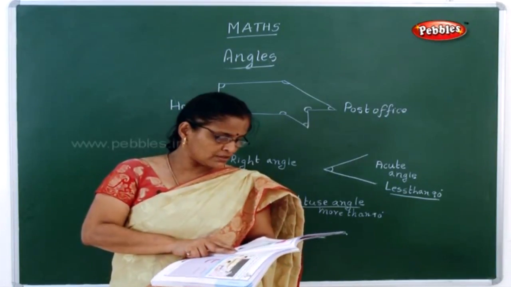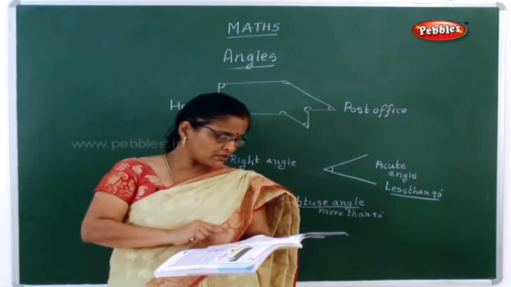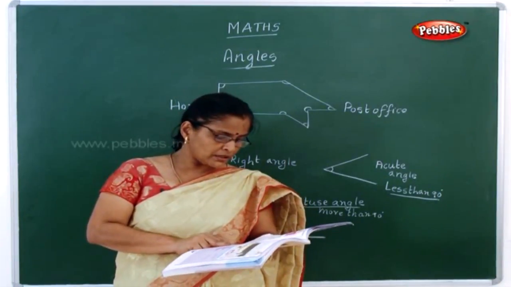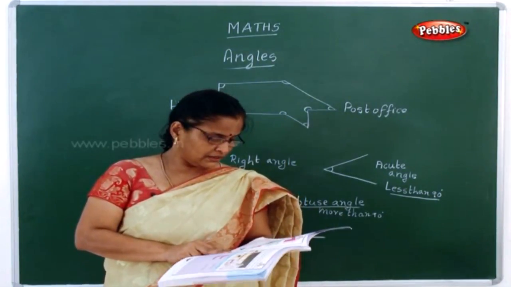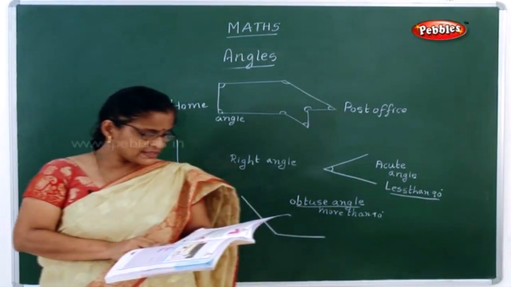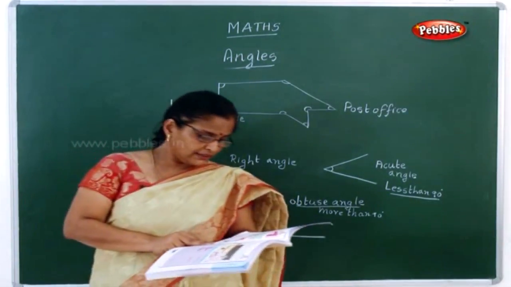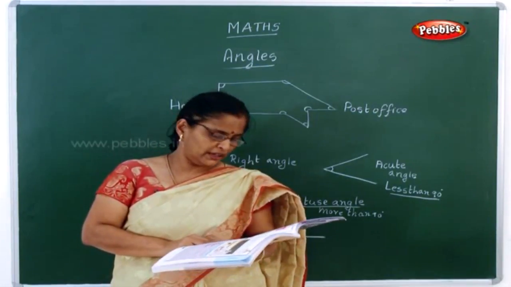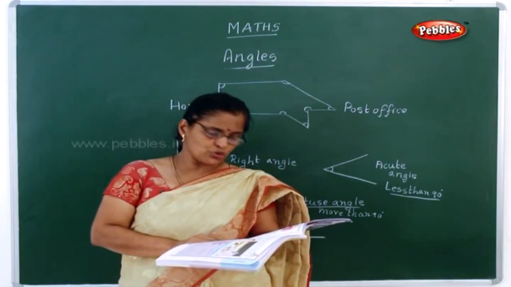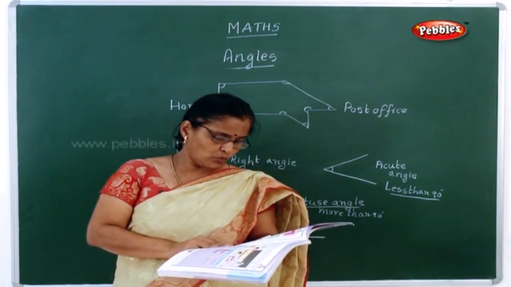Now next, fix the two strips like the alphabet V. Here one strip is bent towards the other. Again a different angle is formed which is less than a right angle, and this is called an acute angle. The next one, keep the two strips as shown in the diagram. Now what can you observe?